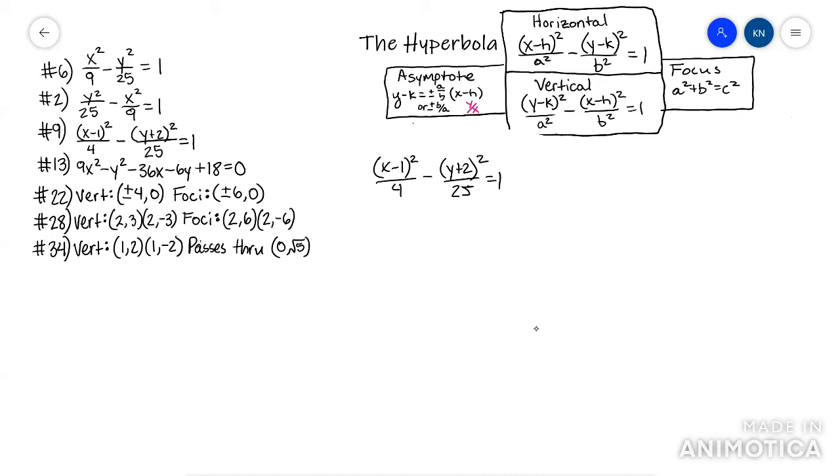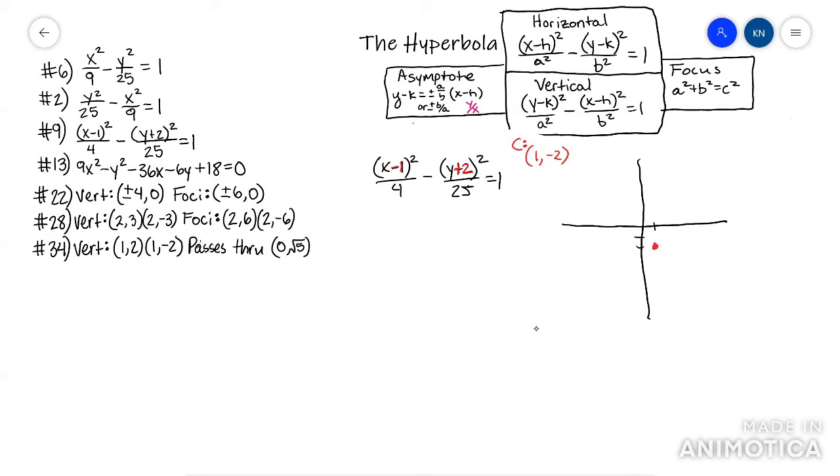If I was approaching this problem, the first thing I would think about is whether it was vertical or horizontal. This one, the x squared came first, so this is going to be horizontal. Now I'd also need to go get my center. Your center is at your h, k, and you need to change both of these signs. So the center is at 1, -2.